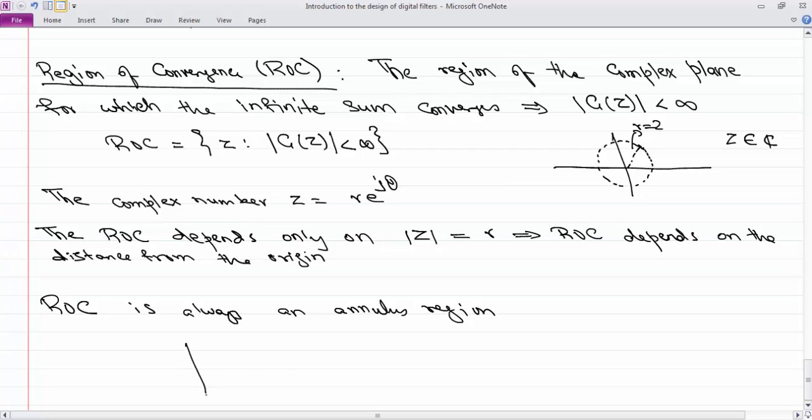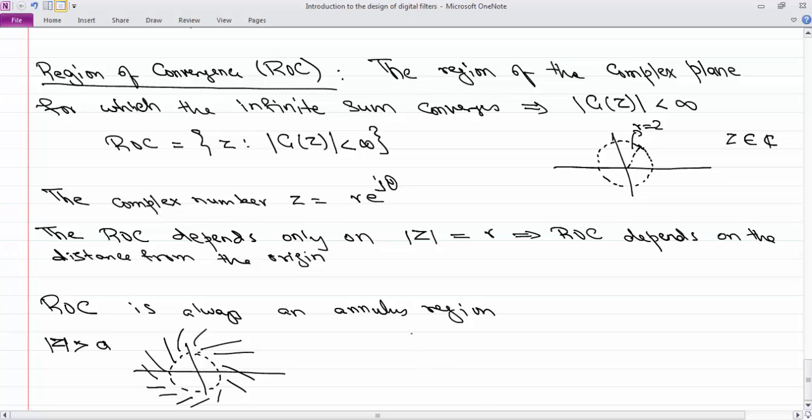One form is that you say, here is a circle, and your z transform converges for all values outside this circle. This circle could have radius 1, 2, or whatever. So the region of convergence is defined as the absolute value of z bigger than some number a.